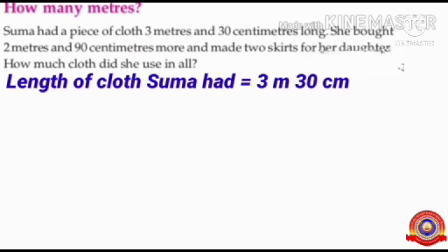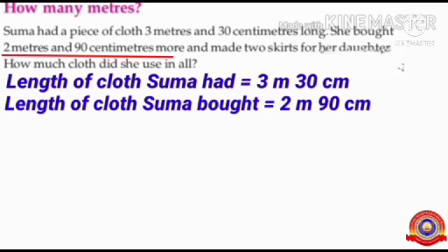Next, Suma bought 2 meters and 90 centimeters more cloth to make skirts for her daughter. So, length of cloth Suma bought equals 2 meters 90 centimeters. How much cloth did she use in all? That means we have to find out the total length of cloth.